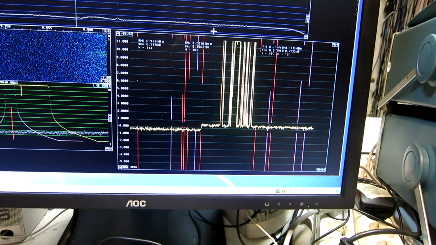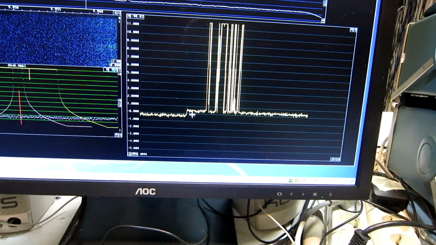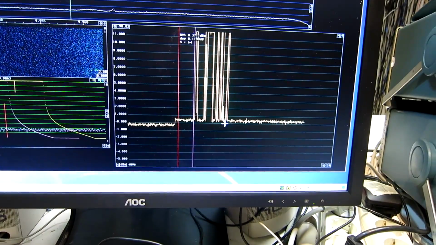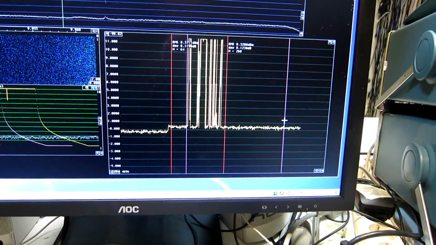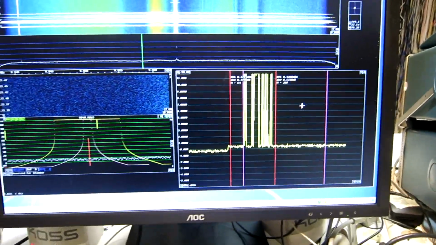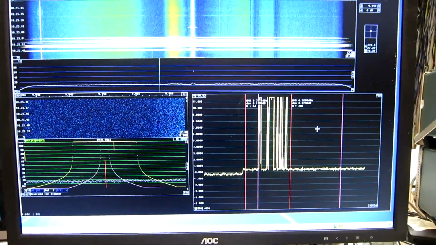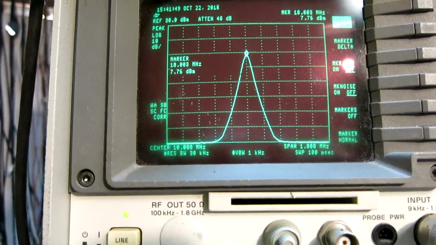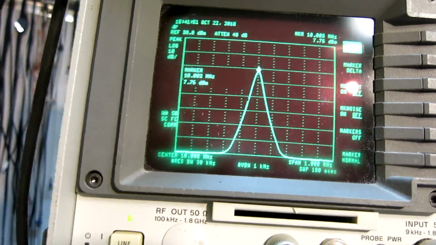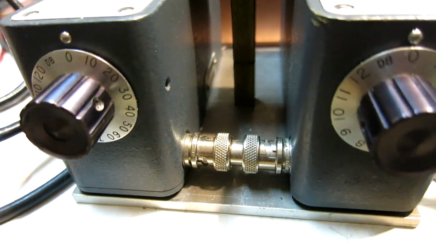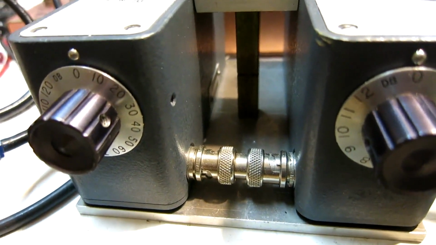And the level I had without the lid, 0.37, and with the lid, 0.33. And I measured everything with the lid in place, of course. And the power I see is 7.8 dBm. And of course that's with no attenuator settings, 0 and 0.